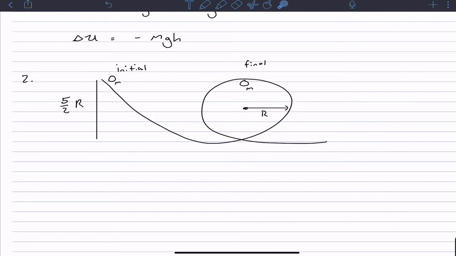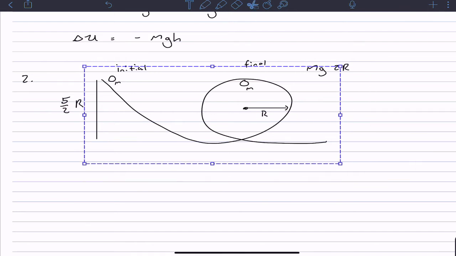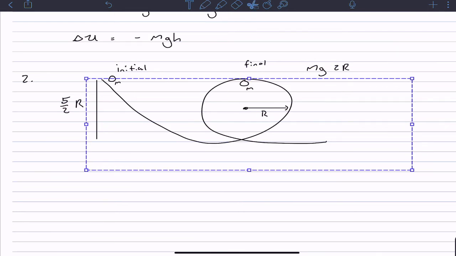Since this is r, this height that this sits at is going to be 2r, okay? So this final position here is actually m times g times 2r. The initial position, since we're sitting at 5/2 r, is going to be, let me just redraw this because this looks too similar to the one that's in the next part of the problem.